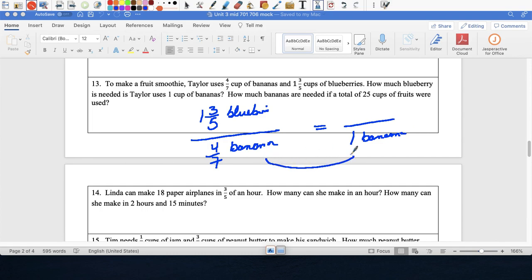That's what we're looking for. So I multiply times the reciprocal on top. Everything at the bottom simplifies to 1. On the top, you get 1 3/5 times 7 over 4, and we get, simplified, 2 4/5. So we're going to need 2 4/5 cups of blueberries every time we use 1 whole banana.